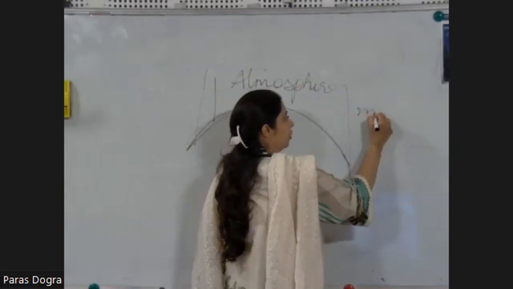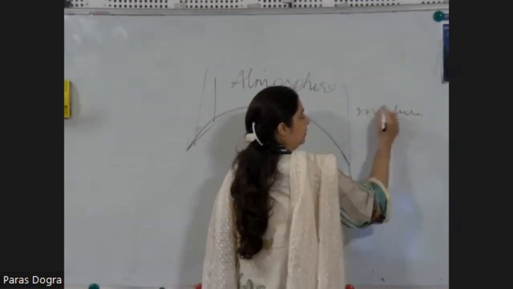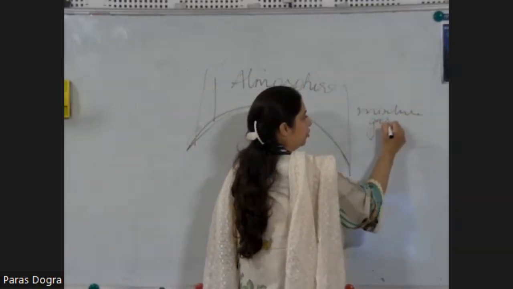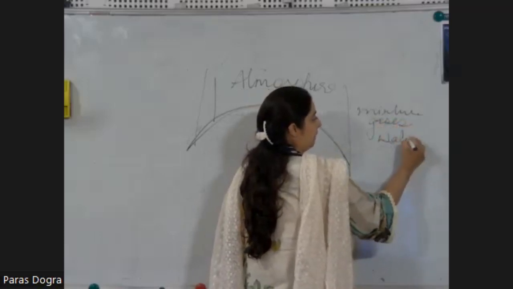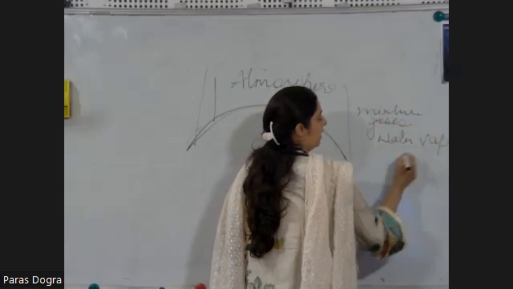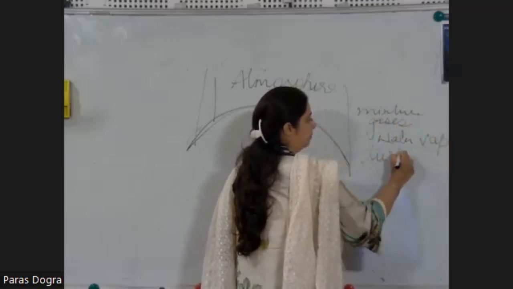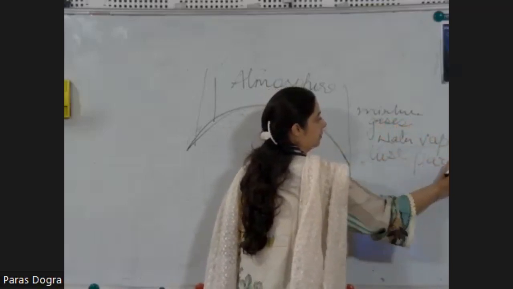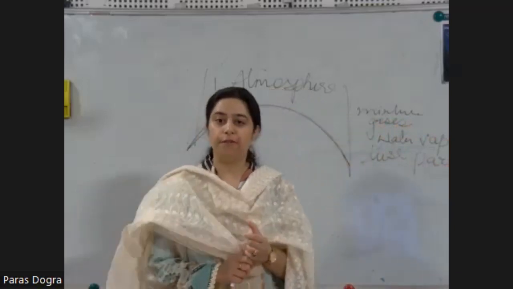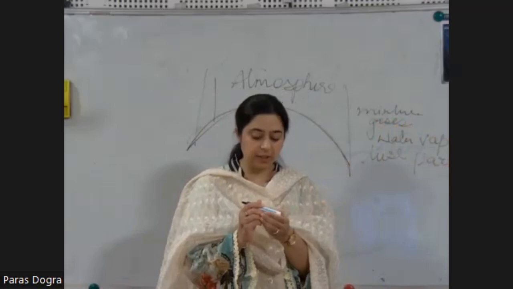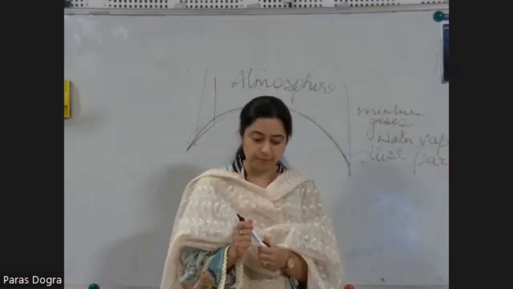A layer of gases, a mixture of gases, then water vapor, and then dust particles. So these are all the components of weather, and these are all the components of atmosphere.